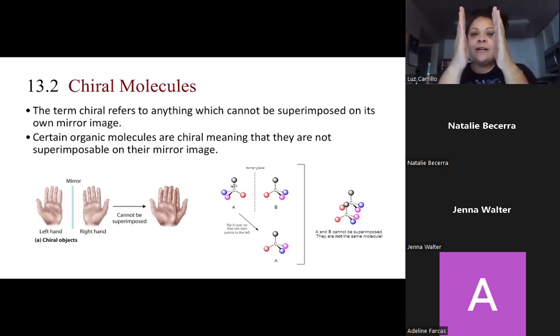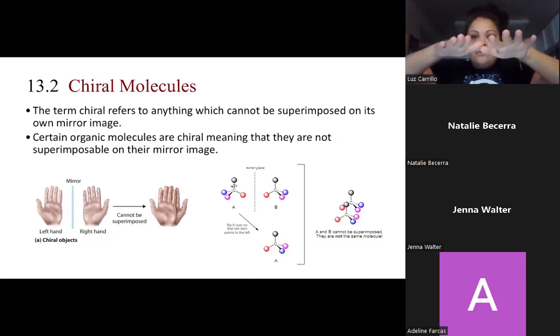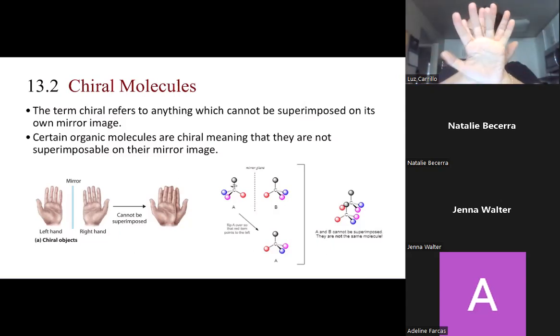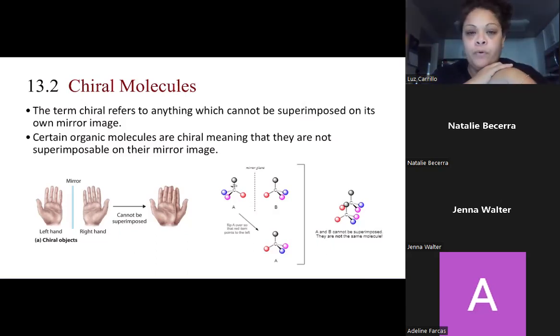If I try to superimpose the image, which means that I take my hands and put them on top of each other, as you can see, they do not superimpose. Superimposing means that they line up. The same thing happens with our feet. Our feet are non-superimposable.